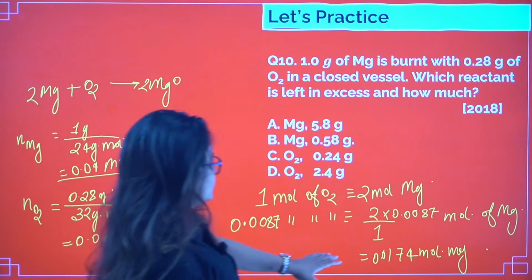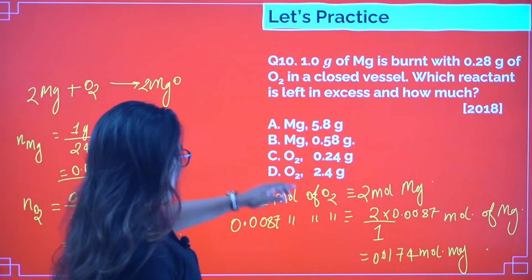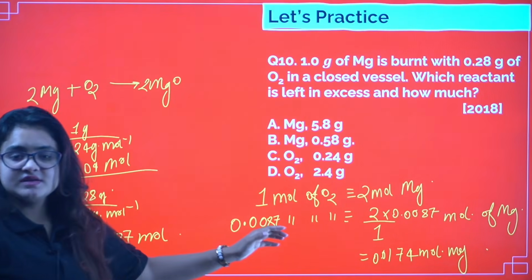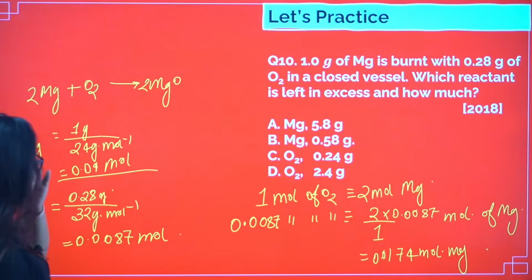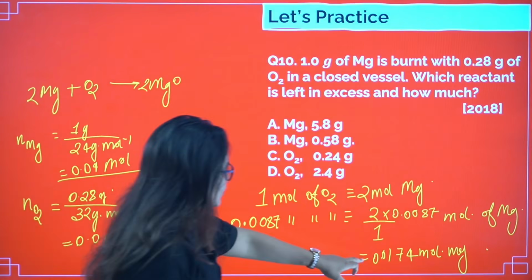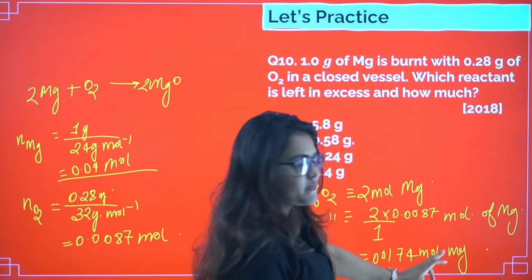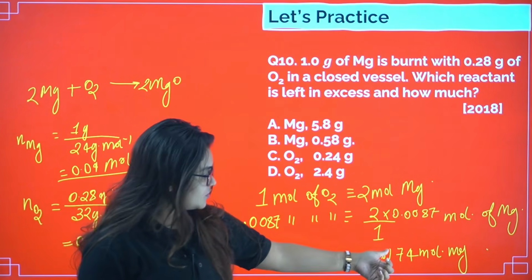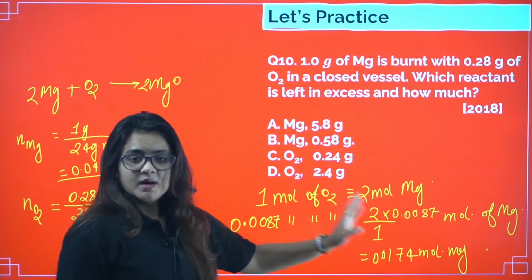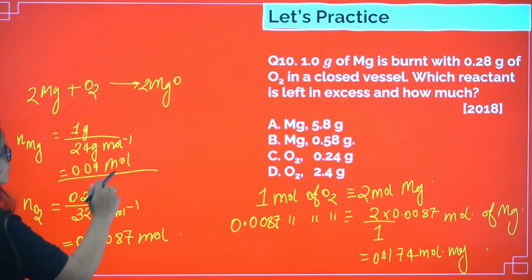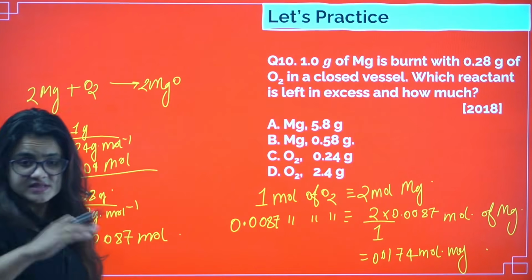Now the next step is to check how much we need and how much is given. We need 0.0174 mole of magnesium, but given is 0.04 mole, meaning it is more.